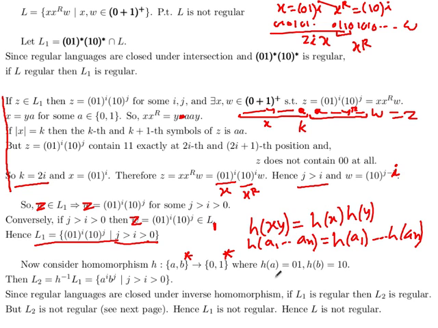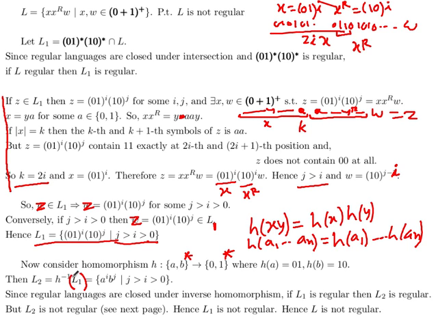Now here I define the homomorphism like this. A maps to 0 1 and B maps to 1 0. So it's a homomorphism from this alphabet to this alphabet. And then we take the inverse of this. Now what is the inverse?